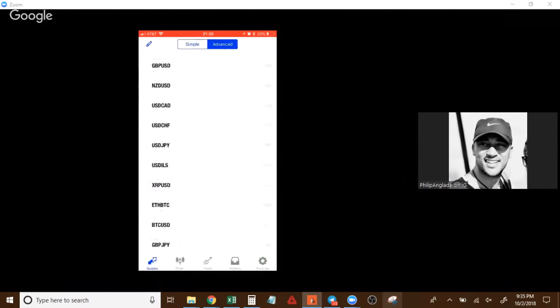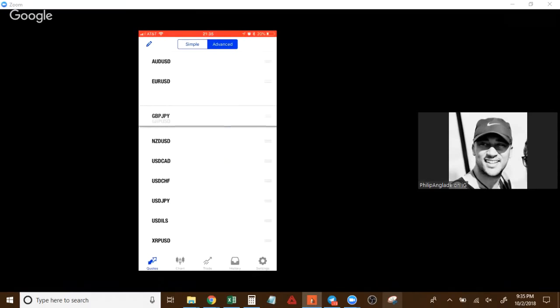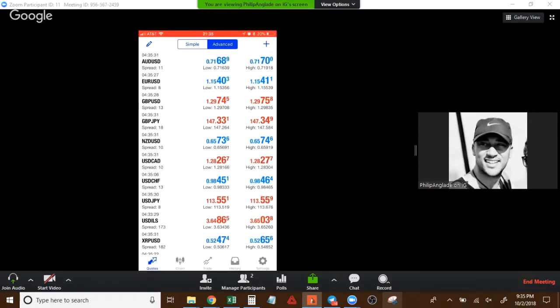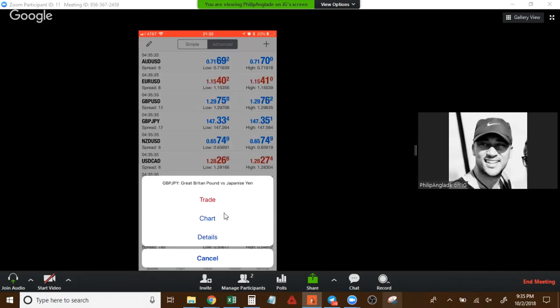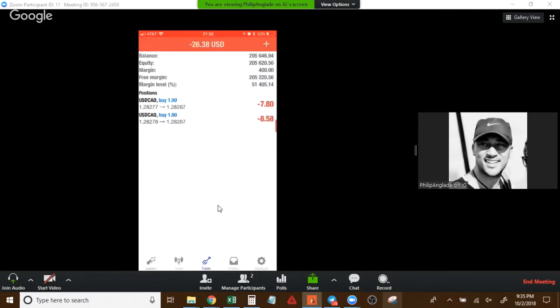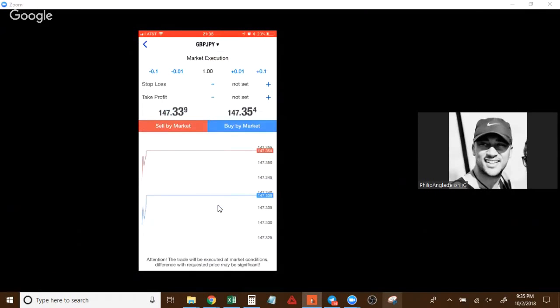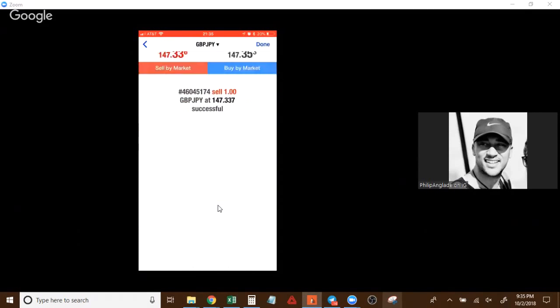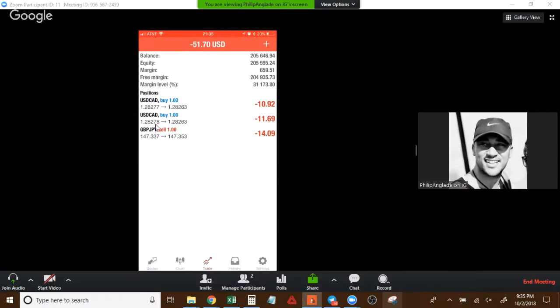I can move them, which is really cool. Then I'm going to find that GBPJPY, click that, and then click where it says trade. From there, all I'm going to do is click where it says sell by market. Now I got into my sell.